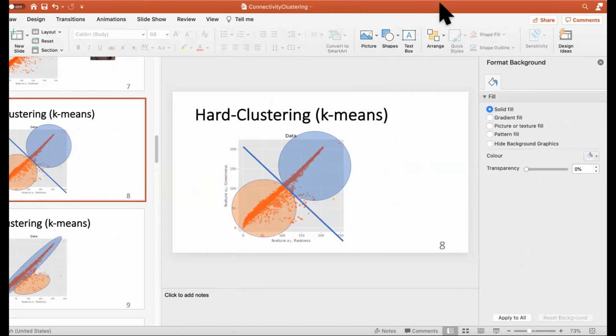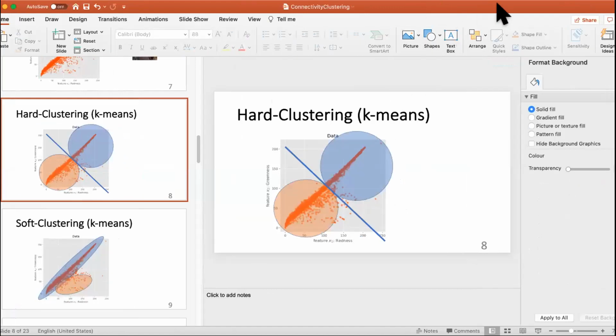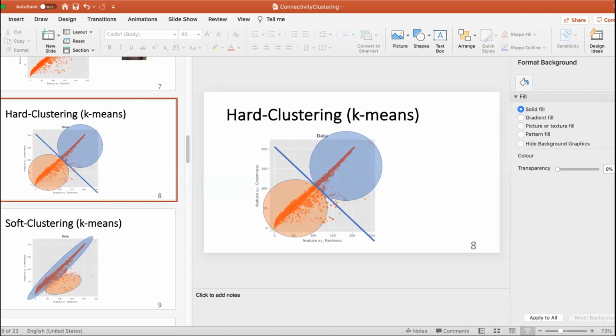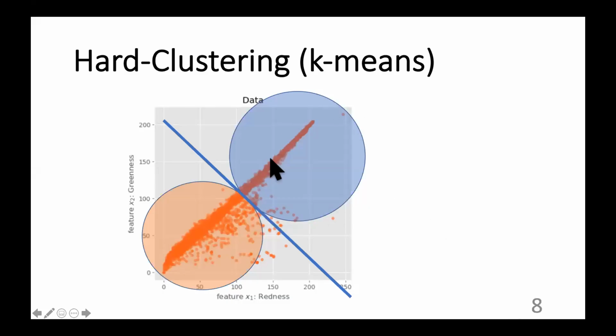So each data point is assigned to one cluster. But to get a feeling or some intuition, when you have more than two clusters, then typically the clusters are arranged like this in these spheres. So it's an approximation of the output of hard clustering, but it gives some intuition.